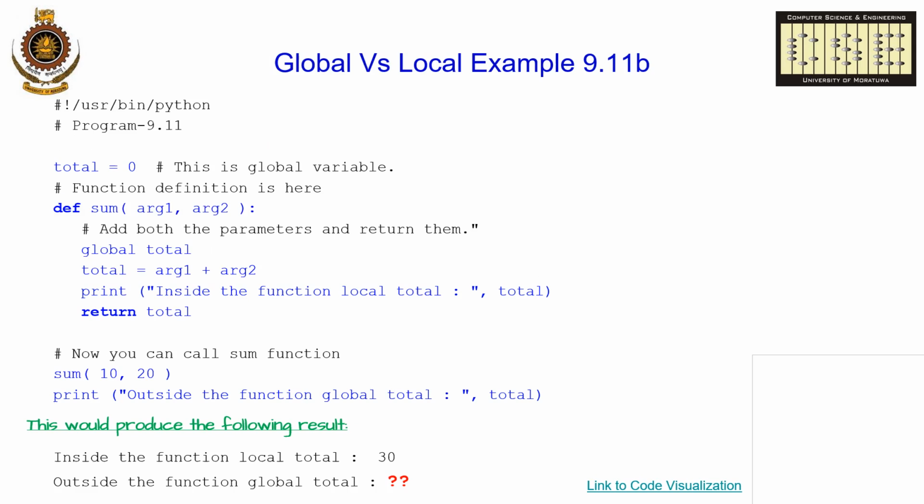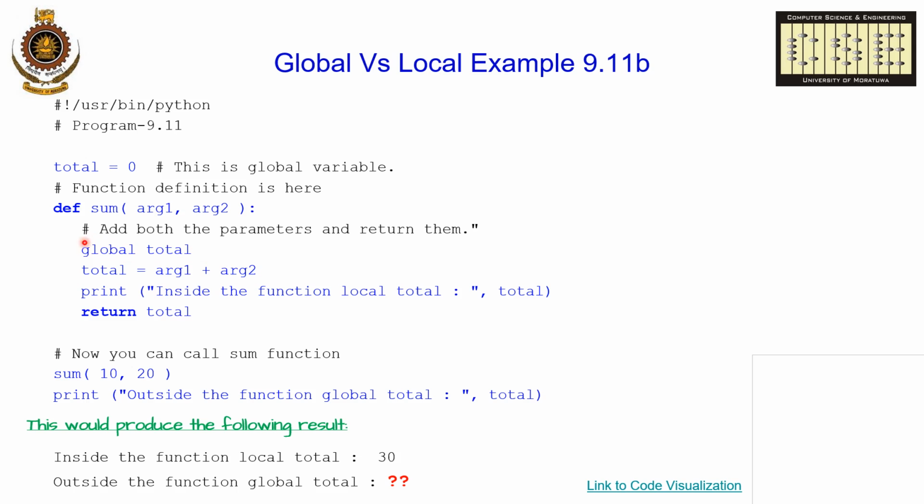Now let's look at a modified version of the previous example. Here it's almost the same, except in this line we have global total. Previously we did not have this line.